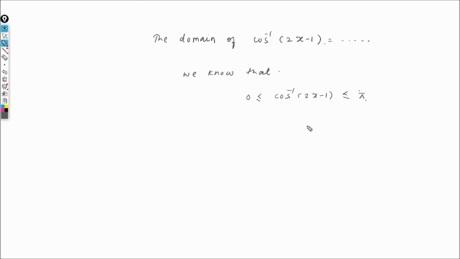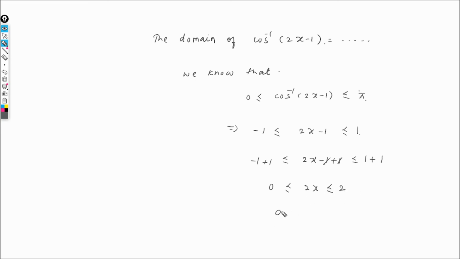So between 0 and pi, this implies minus 1 is less than or equal to 2x minus 1 is less than or equal to 1. Adding 1, minus 1 plus 1 is 0, so 0 is less than or equal to 2x minus 1 plus 1, the 1s will get cancelled, is less than or equal to 1 plus 1.